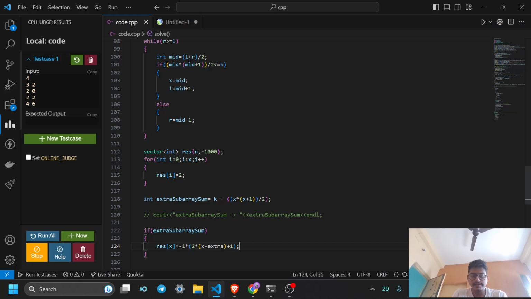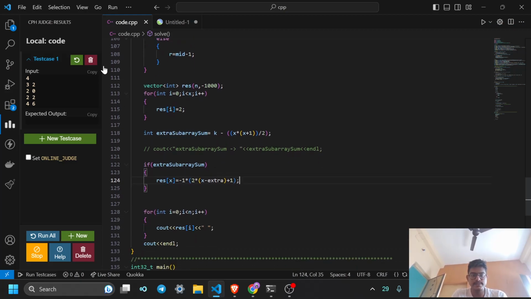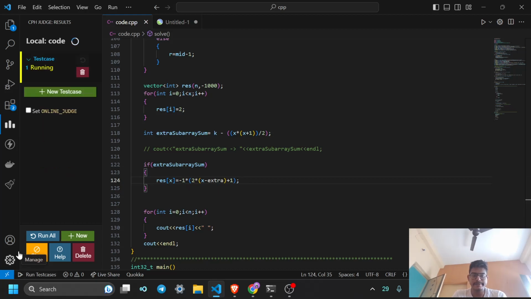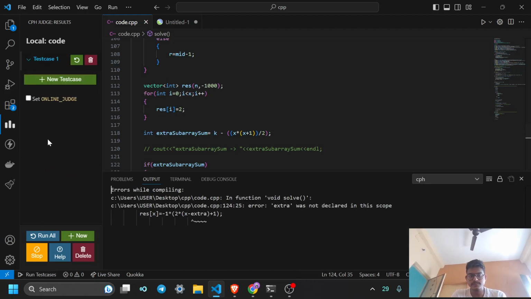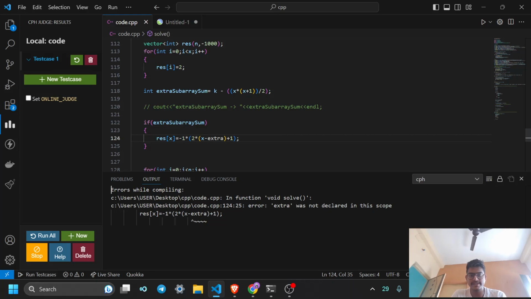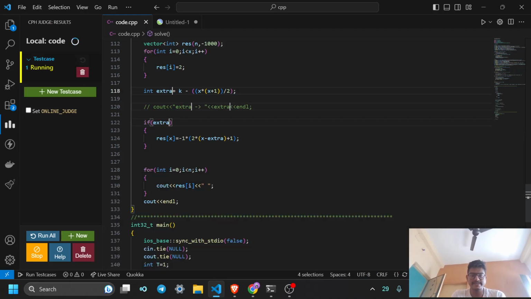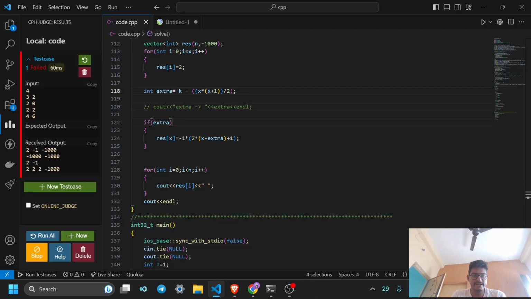Okay, this is fine. Let's print it. Oh, okay, sorry, this is giving me extra, right? That will be fine. Extra, okay, short form. Okay, 3 of 2, 2 minus 1 minus 1000, 2 comma 2, it is giving fine.